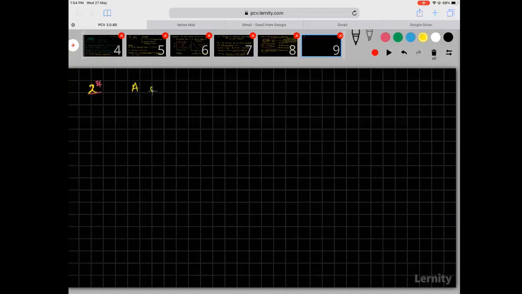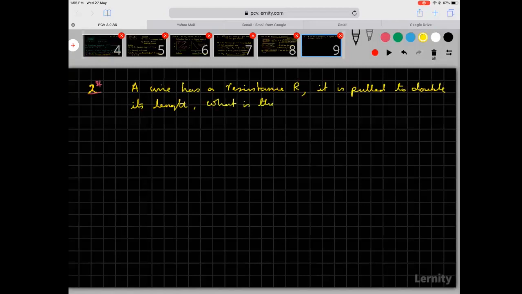A wire has a resistance R. It is pulled to double its length. What is the change in resistivity and R?